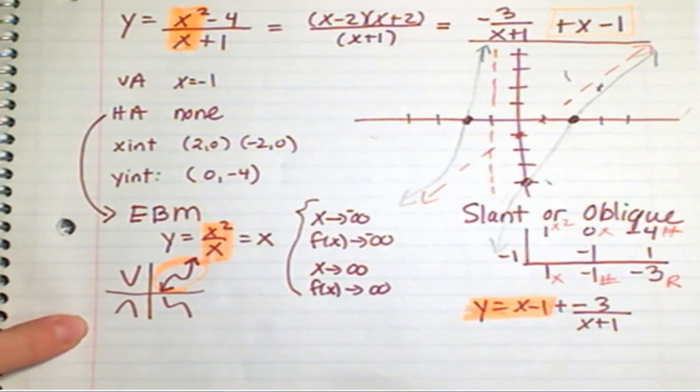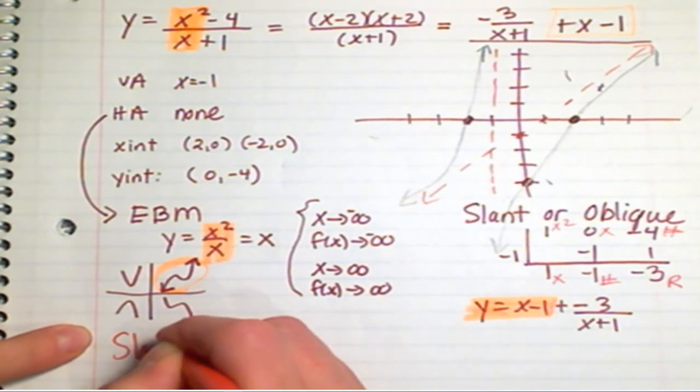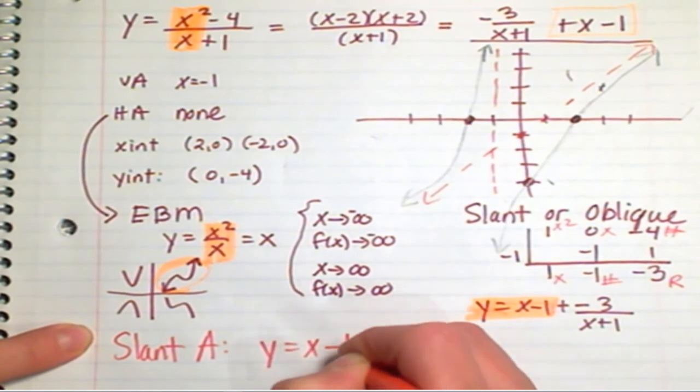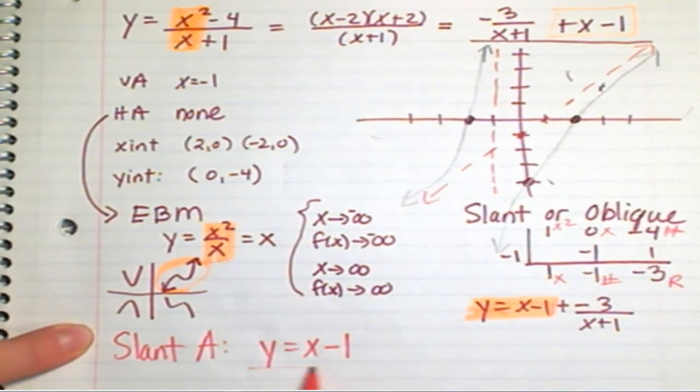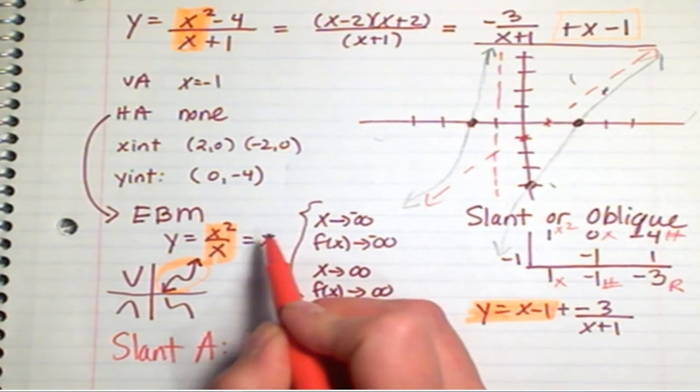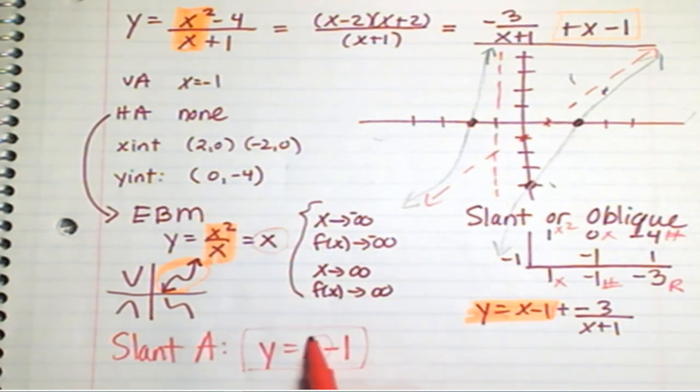All right, and just to be clear, the slant asymptote is this portion right here, only this portion when you do the division. Notice that the end behavior model ends up looking at just that leading term here. All right, so let's do one more example for you.